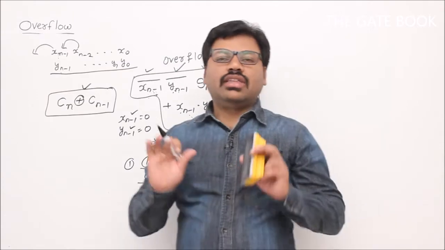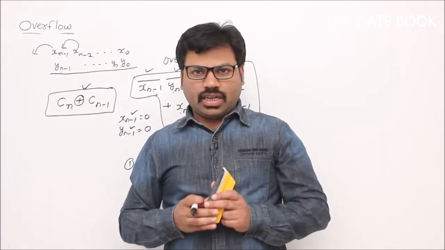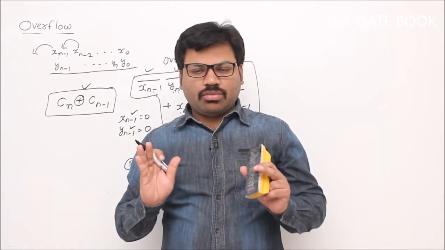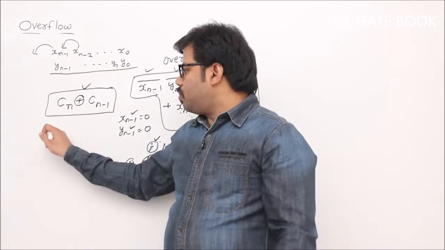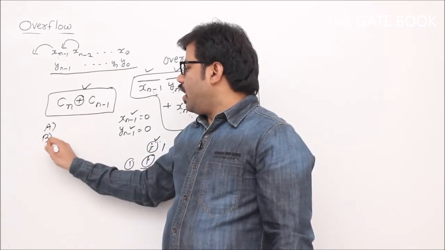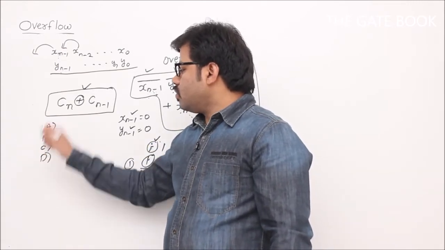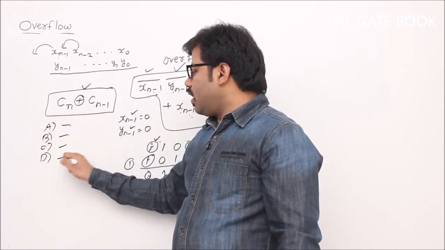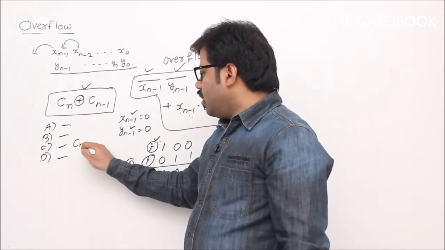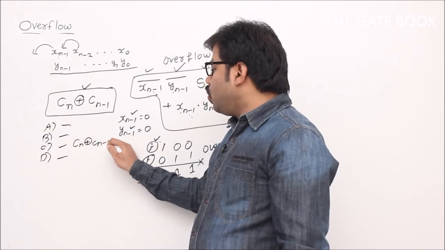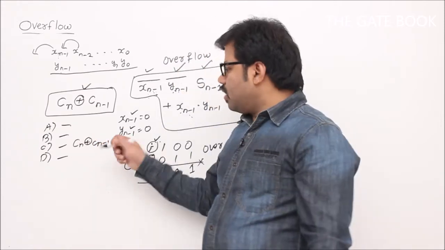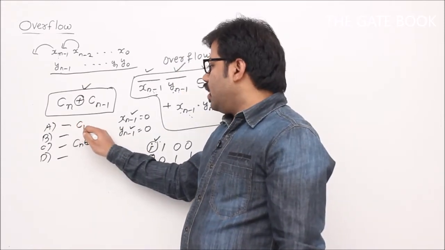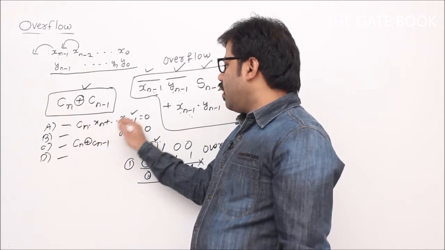For that, the simple thing is, when overflow comes, in the options A, B, C, D there will be only one correct answer. For example, let's say there is Cn XOR C(n-1), but you don't remember. Now some other options are given, like Cn, Xn, something, some equations they have given.